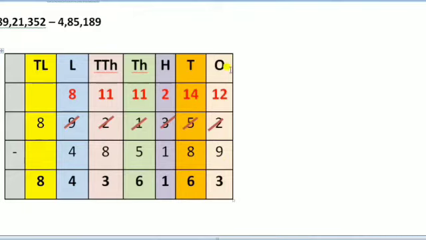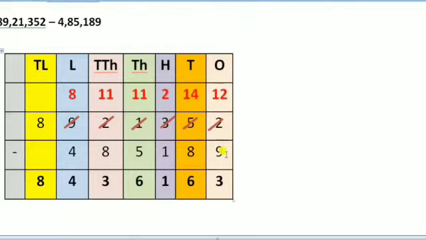Now, as per the rule, we always start subtraction from the smallest place value, so here it is ones. From 2 we have to subtract 9.